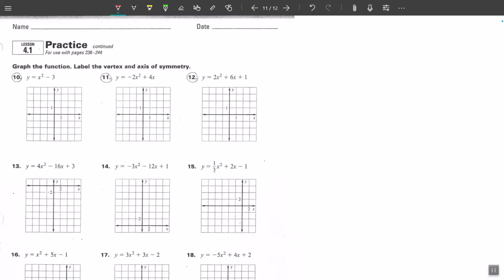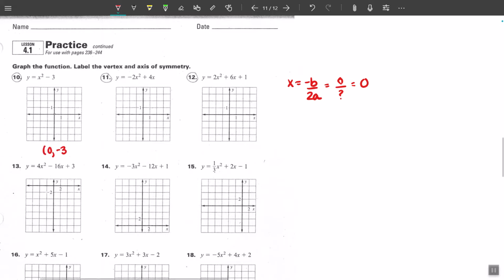So that means when we go to calculate our x, we're going to end up with an x of 0, because if we've got a b that is 0, as it is in number 10, then we're going to end up with 0 over some figure here, and we get an x of 0. So our x coordinate for the vertex is 0. We can plug that x back into here and see that we're going to get a y of -3. So in this case, our vertex is going to be 0, -3.